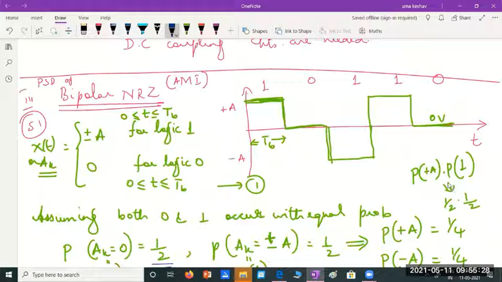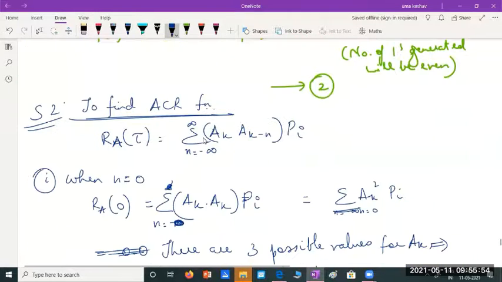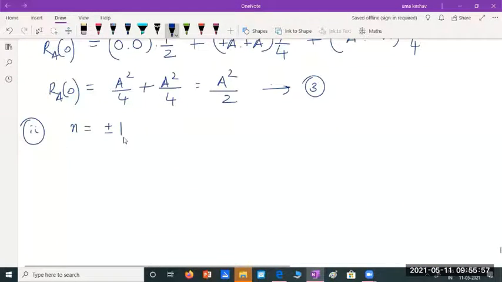Okay, look at this waveform and look at the equation. You can clearly see that when I have the bit value as 1, I can have either positive amplitude or negative amplitude for the bit value 1. That's why I will consider the case for n equal to plus or minus 1, and I will try to find the value for RA of 1.